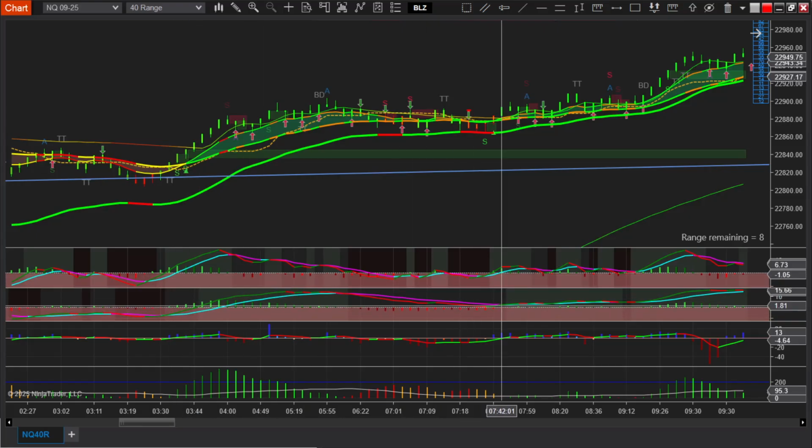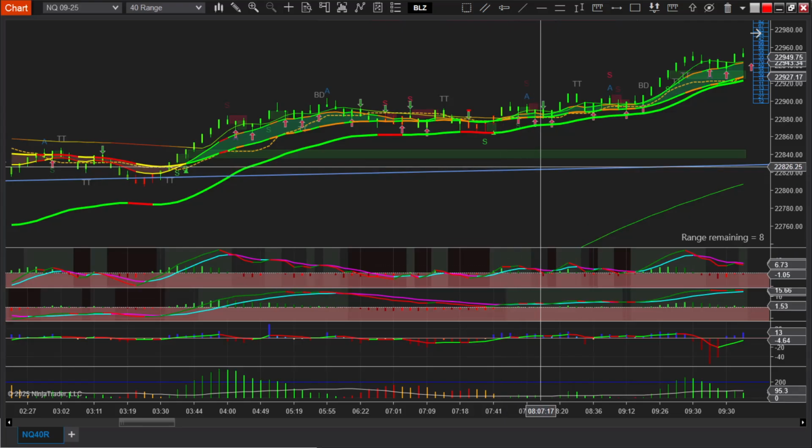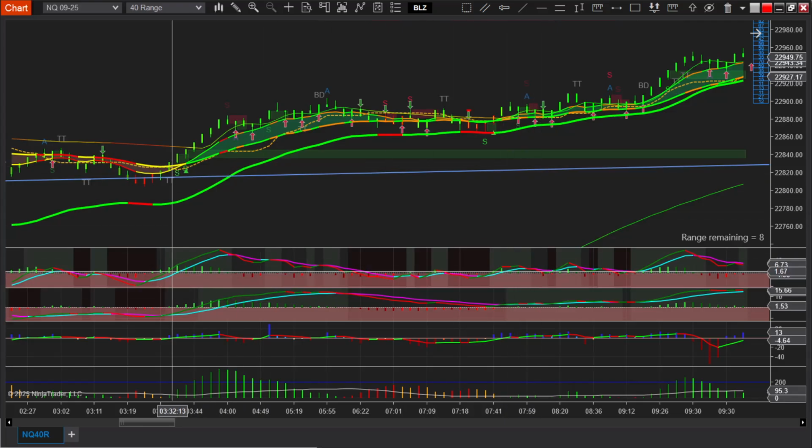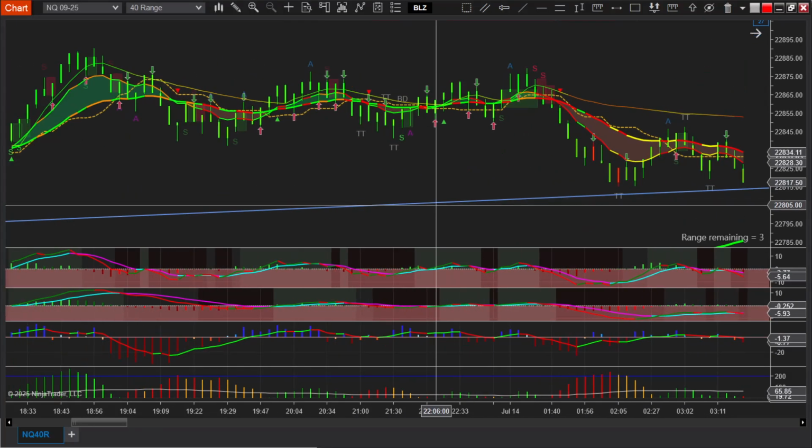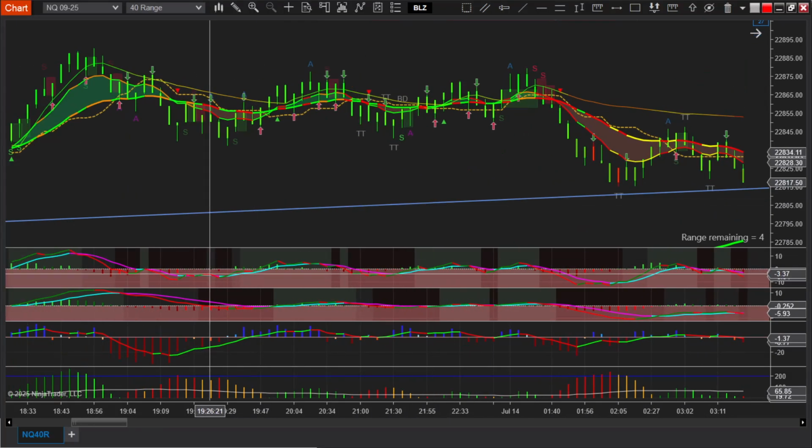If everything's completely above, that's even better. The MACD fast has to be above or below the zero. That's just pretty much a non-negotiable aspect there.